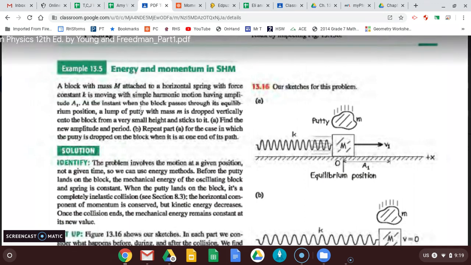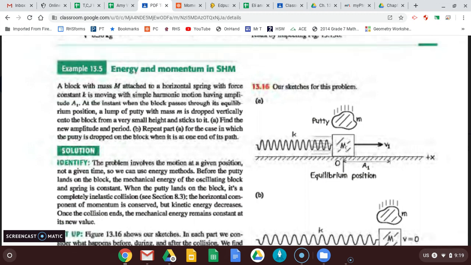At the instant when the block passes through its equilibrium position right here, remember, equilibrium position means the spring is not stretched or compressed, so there's no potential energy at that exact moment. It's all kinetic. At that moment, a lump of putty with mass little m is dropped onto the block and sticks to it.